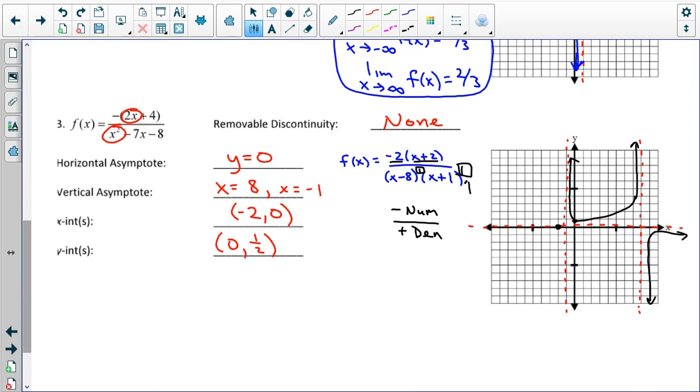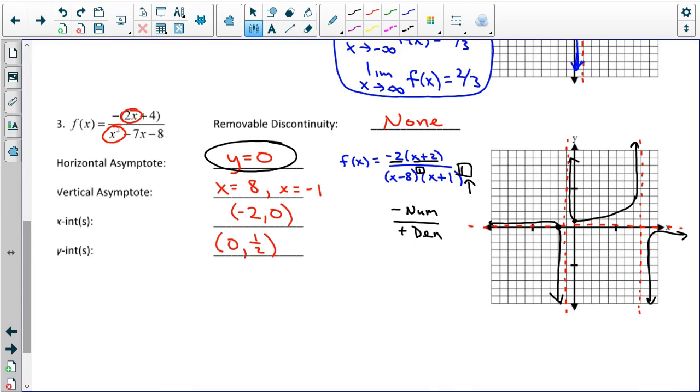Since the power at x equals -1 is a first power, it goes to a different sign. It has to cross at x equals -2, and then it has to go toward 0, because that's my horizontal asymptote, as x goes to negative infinity.